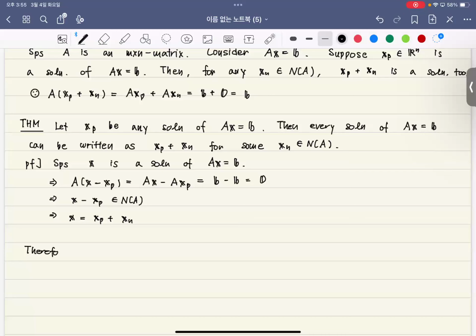Therefore, to find all solutions of the system, first find any solution. By the way, this xp is usually called a particular solution.